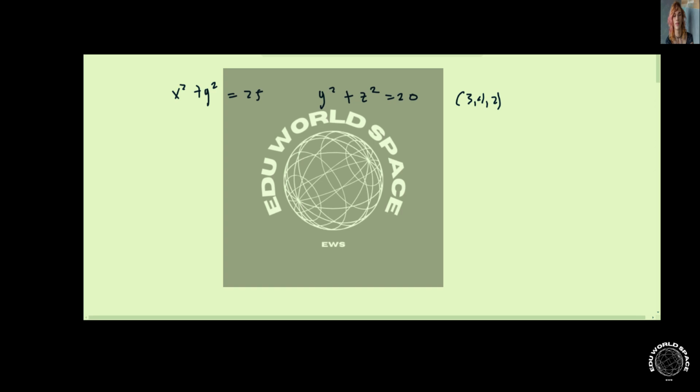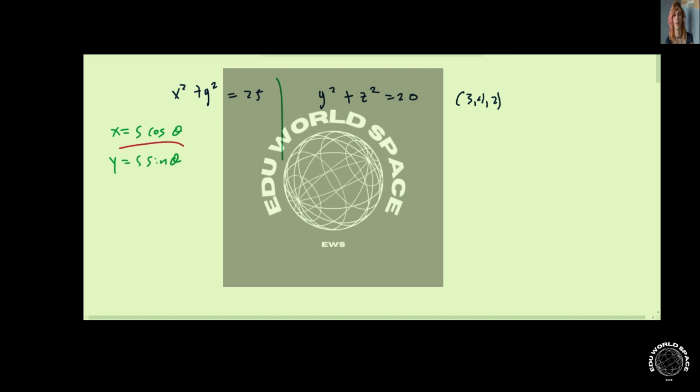Since these are cylinders, I'm going to first use the fact that if we said x is equal to 5 cosine theta, and then y is equal to 5 sine theta, this would parameterize this over here. I guess you could use t if you want, but I normally just use this. So we have that. Now we need to solve for z.